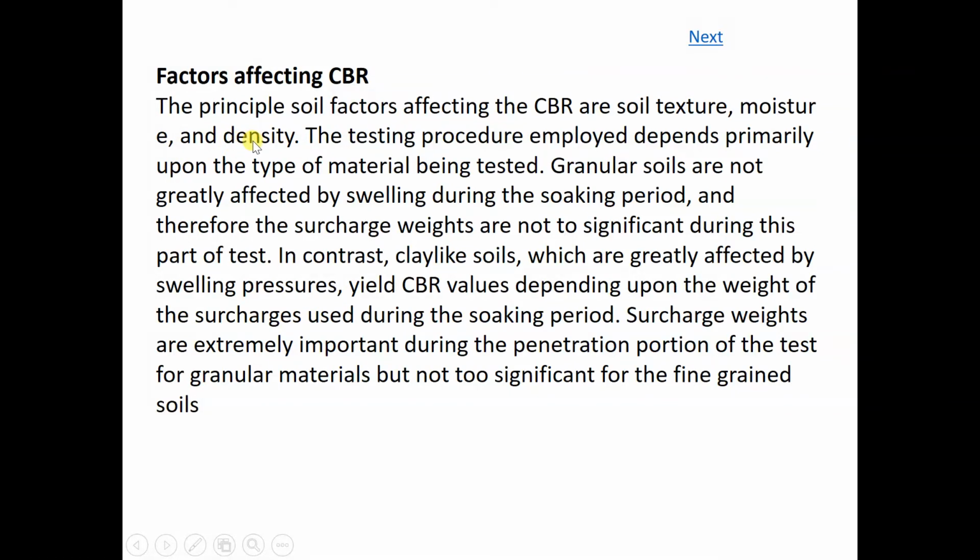Density: if you compact it very well, it's very dense compared to when it's not compacted properly. For example, when fully compacted, the density could be 2.2. When not compacted properly, the density could be about 2. So it will provide a substantial difference in CBR.